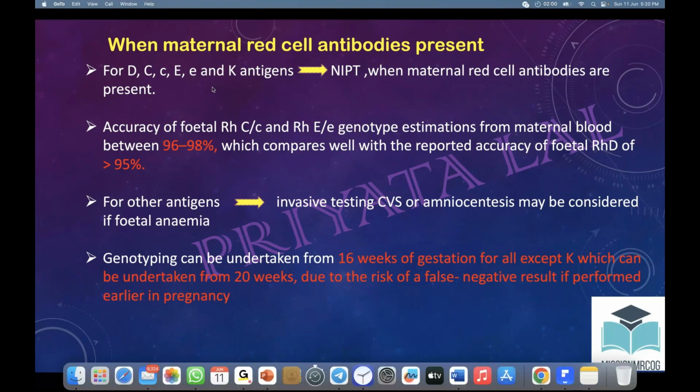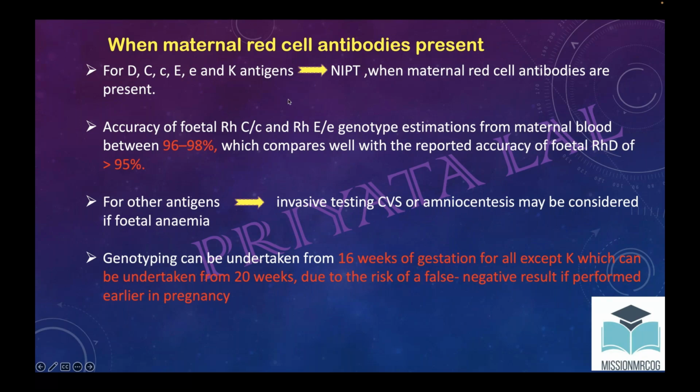We can do fetal testing, but before that, partner testing, or paternal testing, will be done. Because if the mother is negative and the father is also negative, then there is no problem, the baby will be negative only. But if the father is positive or heterozygous, then there is a possibility that the baby can also be affected. So how can we detect whether the baby is affected or not?